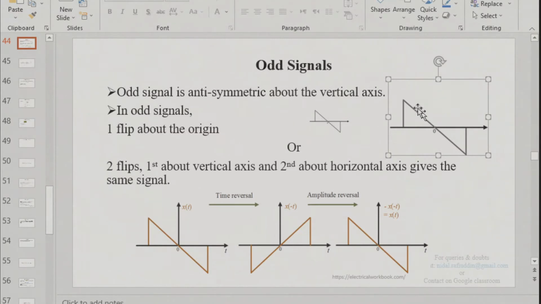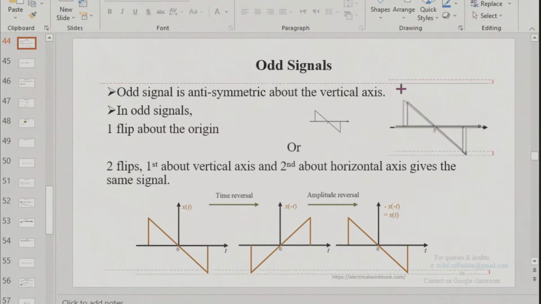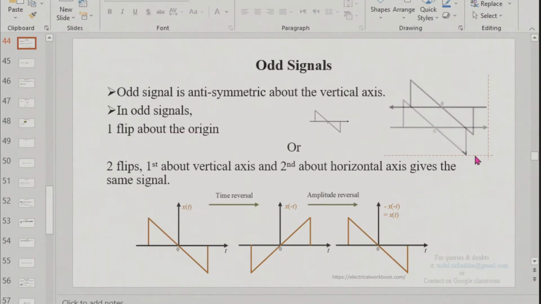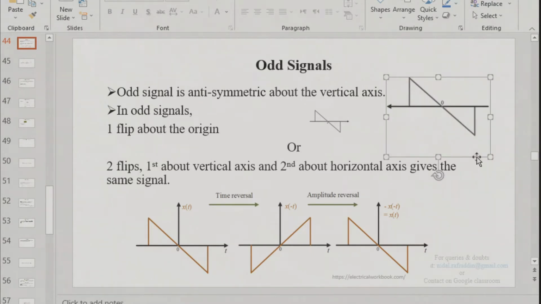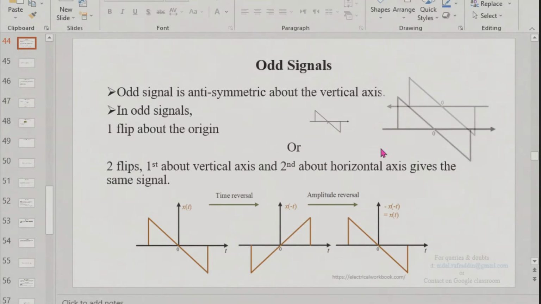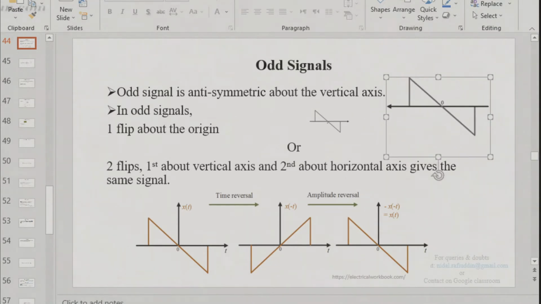So this is the origin. If I flip this about the origin, I get the same signal. Whether I flip it from the left side or from the right side, it should be flipped about the origin. In that case, the signal will be the same.